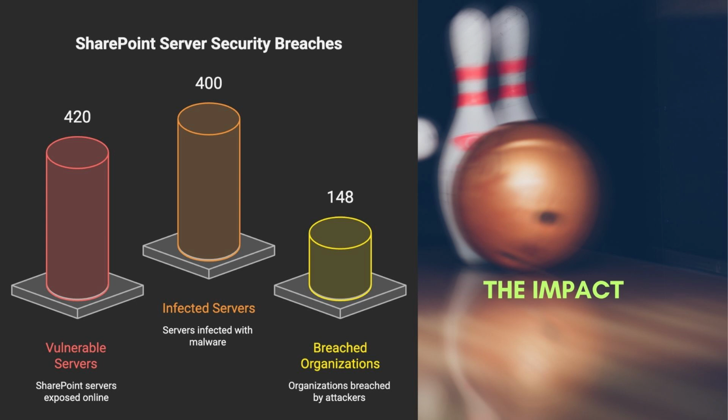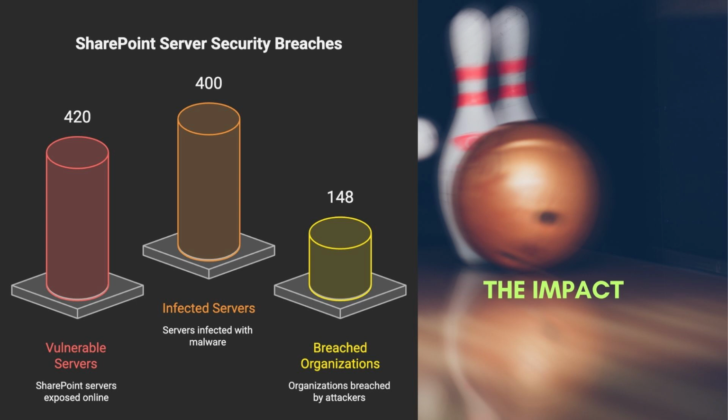So, what is the scale and the impact of the attack? This leads to widespread compromise, in which the non-profit security organization Shadowserver is currently tracking over 420 SharePoint servers exposed online that remain vulnerable to these ongoing attacks.